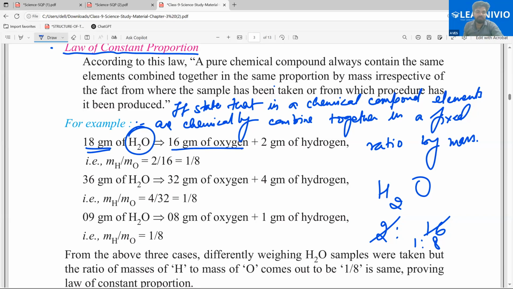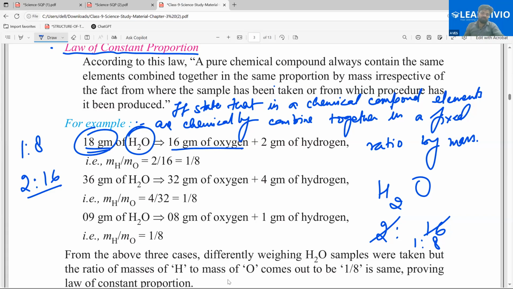If you have 18 grams, you double it: 2 is to 16. If you have 36 grams, then 4 is to 32. So irrespective of the source, the ratio of hydrogen to oxygen is always 1 to 8.